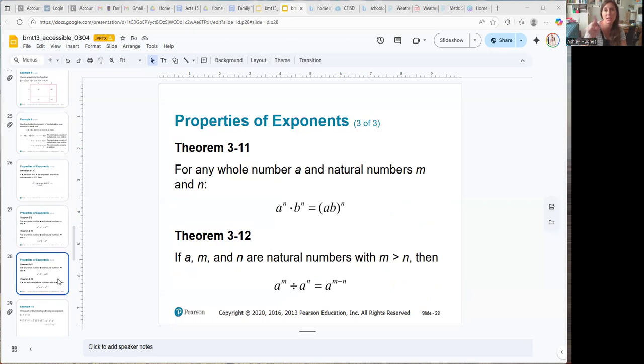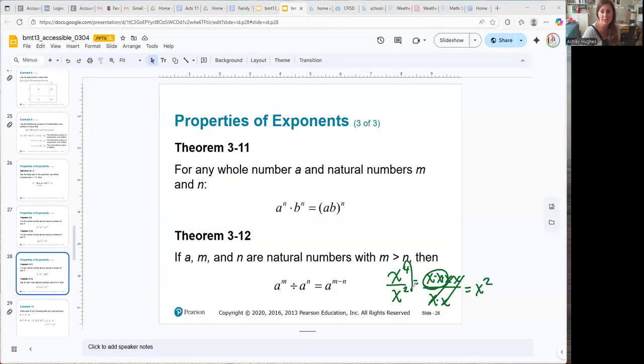This is just something where you can take the exponent and distribute it to both terms. When you are dividing, say I have x to the 4th over x squared. X to the 4th is like 4 x's, and x squared is like 2 x's. So they cancel out to just give us x squared.